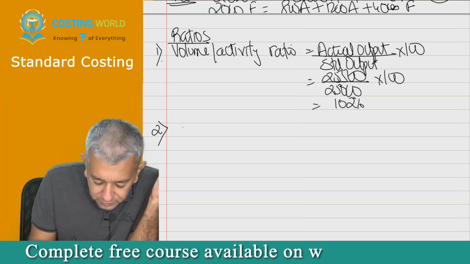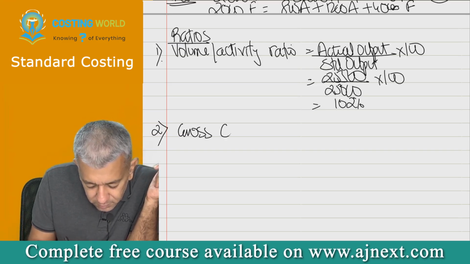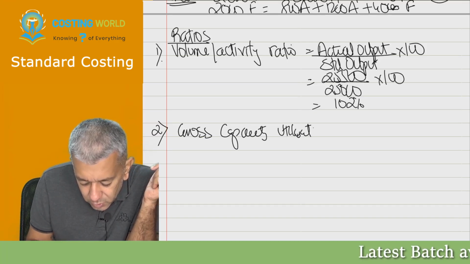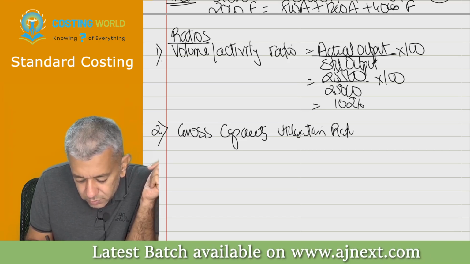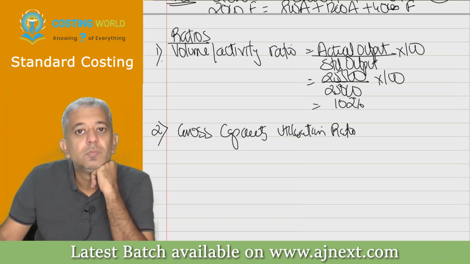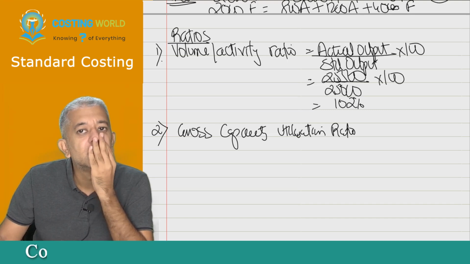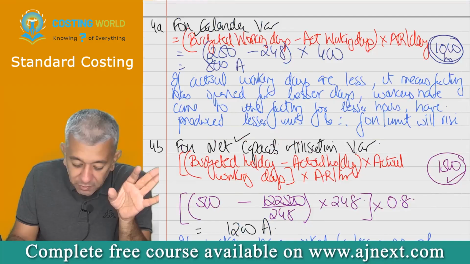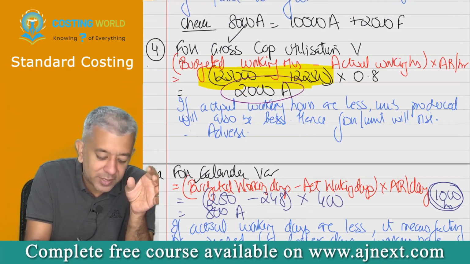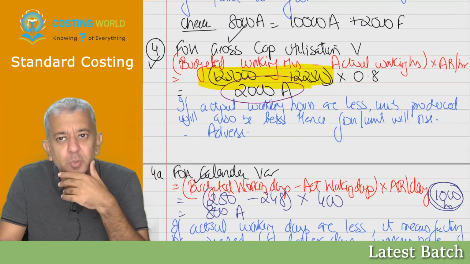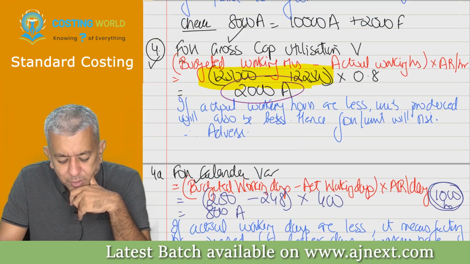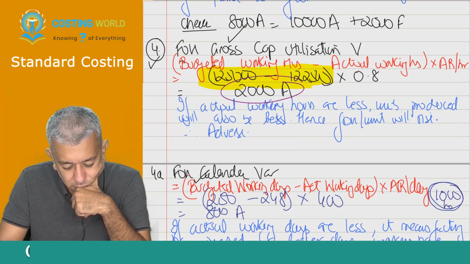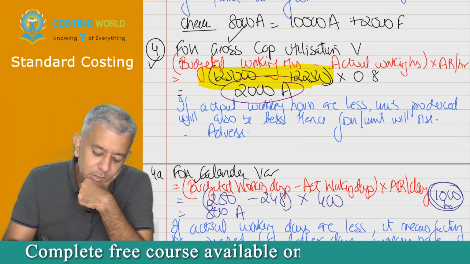102%. Second, gross capacity utilization ratio. Now, you all know the technique. You all make the formula in your mind. See your fourth variance. We are converting that only into a ratio. It will be what upon what into 100. 122,500 divided by 1,20,000.